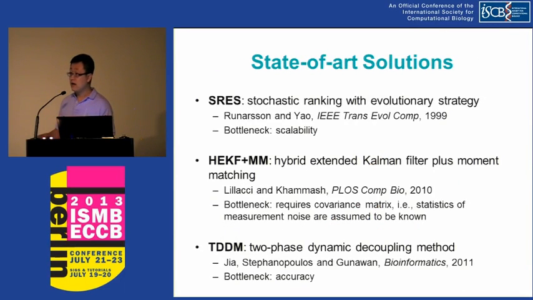So the state of the art for parameter estimation are these three general purpose methods. The first one is SRES, which stands for Stochastic Ranking with Evolutionary Strategy. The basic idea is that once you have an optimization problem, you usually have constraints.